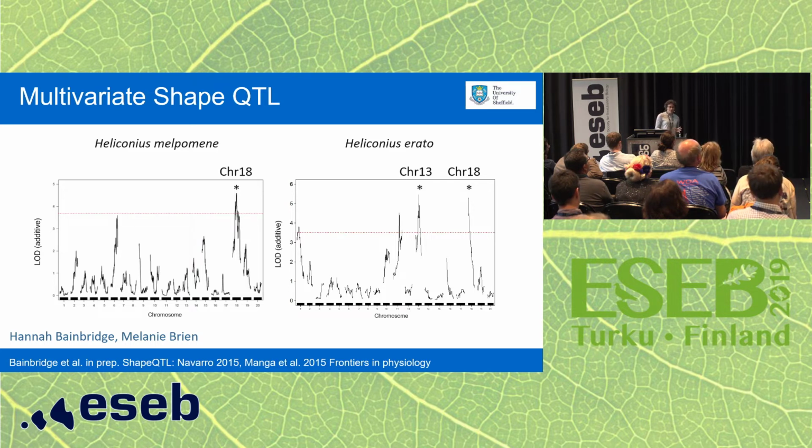What she found, from fitting different models with different numbers of loci, was that there were only two loci that came out as significant in Heliconius erato, one on chromosome 13 and one on chromosome 18. And in Heliconius melpomene, there was just one on chromosome 18.